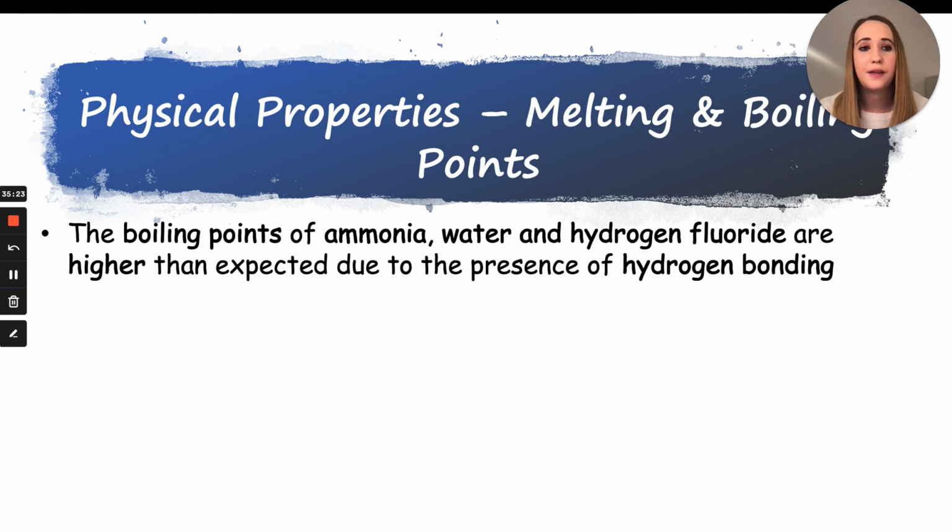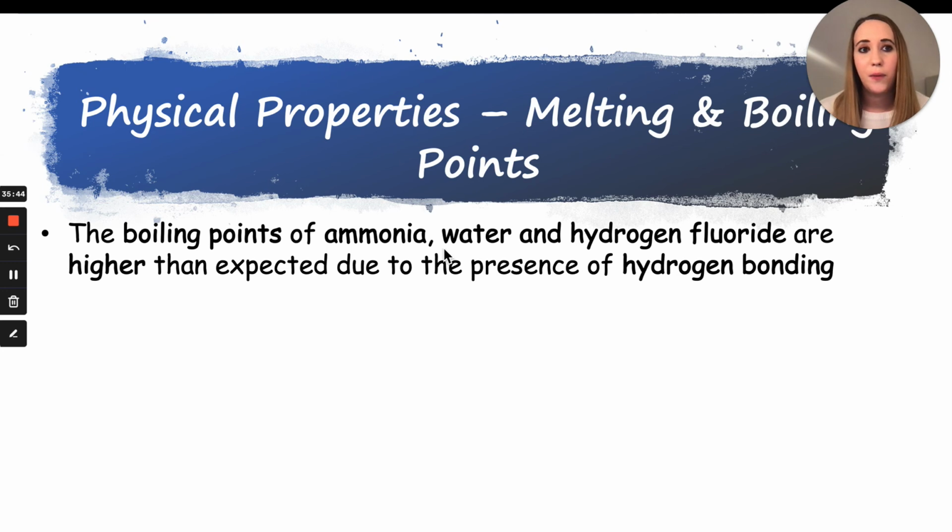Okay. So as I said, polar and non-polar are your two categories for this, but bear in mind that polar molecules with hydrogen bonding have even higher melting and boiling points. We talked about water already having a higher boiling point than expected.